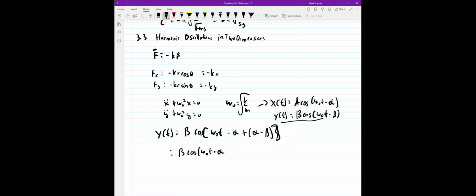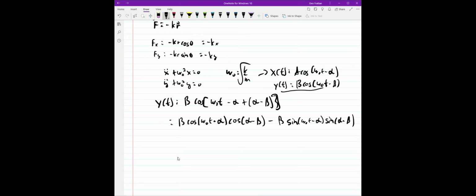I don't remember the name of it, but it's cosine, cosine minus sine, sine: b cosine of omega naught t minus alpha times cosine of alpha minus beta, minus b sine of omega naught t minus alpha times sine of alpha minus beta. Let's define delta as just the difference between the 2 constants, alpha minus beta, and therefore we know that cosine of omega naught t minus alpha is equal to x over a.